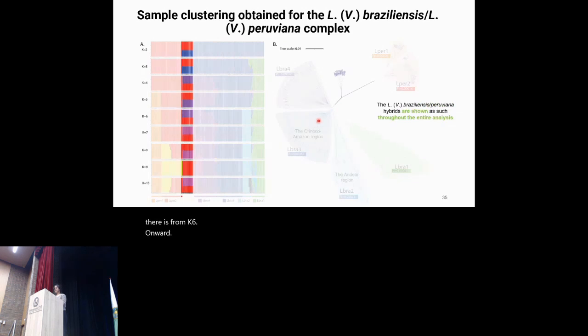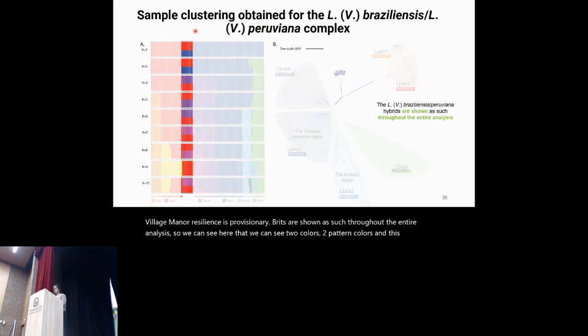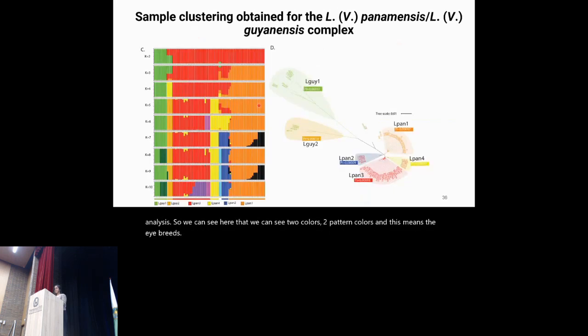The Leishmania braziliensis peruviana hybrids are shown as such throughout the entire analysis. Here we can see two color patterns, and this means they are hybrid isolates.